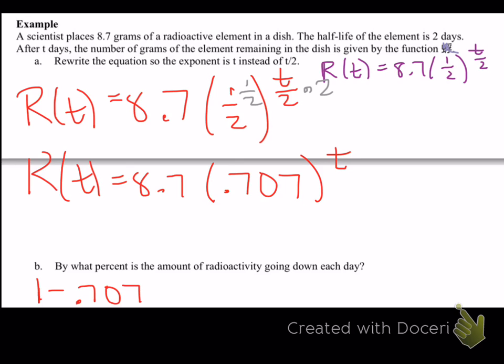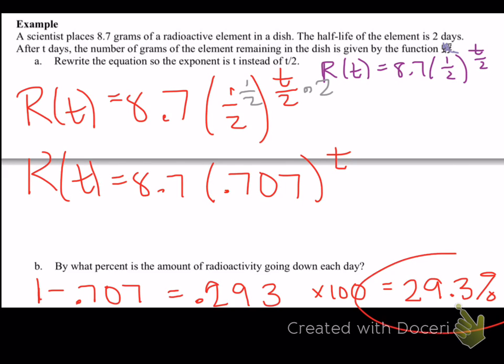So when I do that, I get 0.293. And if I want to turn this to a percent, I times it by 100. So this means it's going down by 29.3% each day. So again, go ahead and pause, or you can stop the video at this point and try that last one at the bottom of the page.